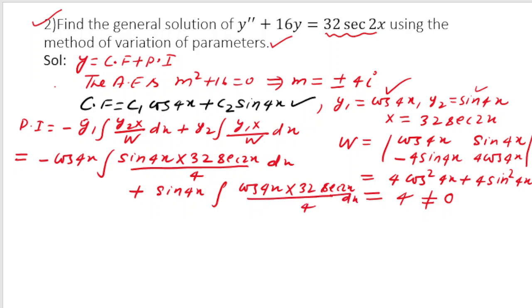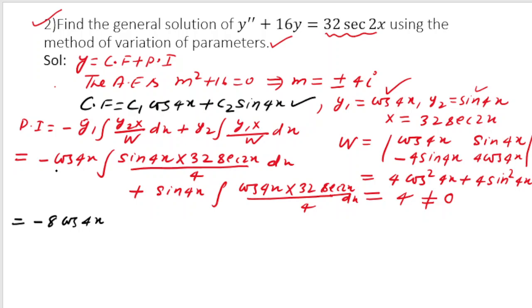Okay, so let me write it. This 4 I can take out and this 32 I can take out. So 32 by 4 will be 8, so I can write minus 8 cos 4x. And here I think it is not sec 2x... okay, it is sin 4x and it is sec 2x. Let me check whether it is correct or not. So it is okay, no problem. So what am I going to get?